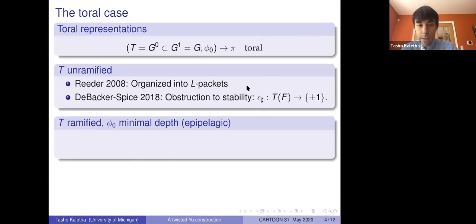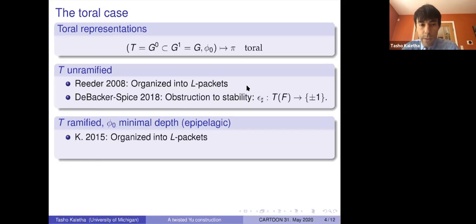The next case, or the polar opposite case on the toral spectrum, will be when you take a ramified torus, and then the phi 0 is a character of minimal depth in a certain sense. So those were the epipelagic representations identified by Reeder and Yu. And I studied those a few years later and organized those into L-packets, and then also studied stability.